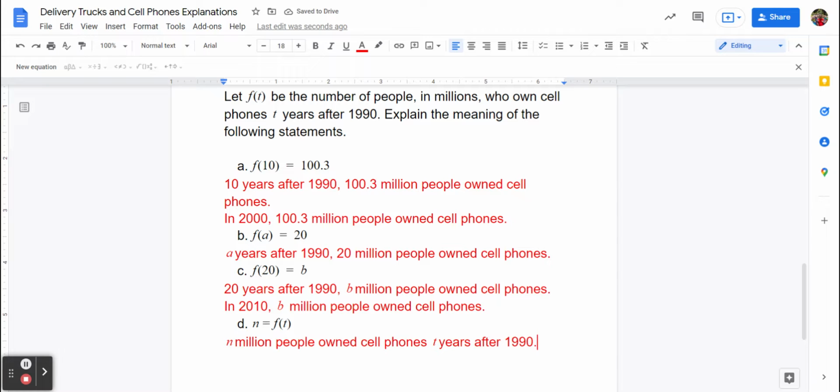So when you're doing these, it's important to keep track of what the variables are replacing and representing. Is it f of t, right? So f of t is the number of people, or is it t, which is years? Is it your input or is it your output? So keeping track of that is going to be really important when you are interpreting functions that have numbers in them.